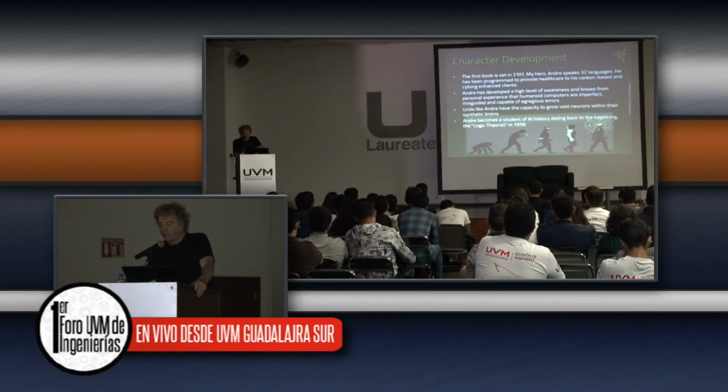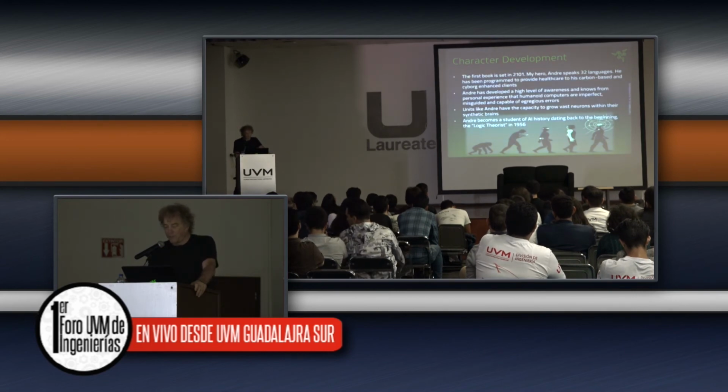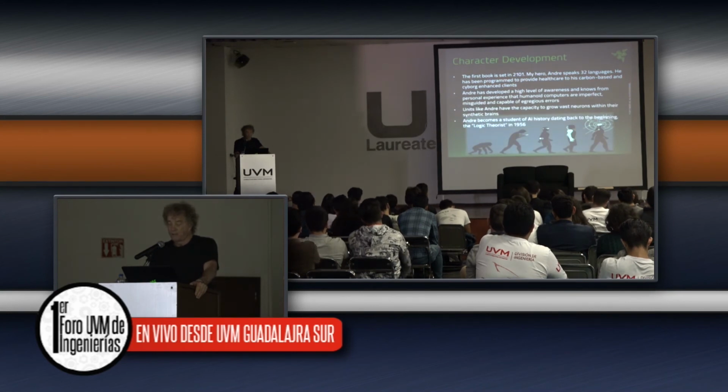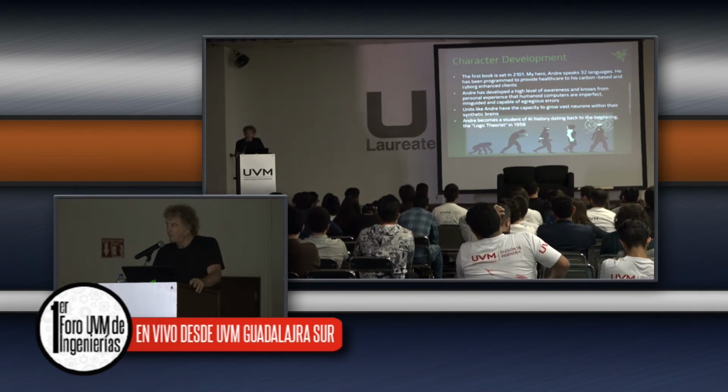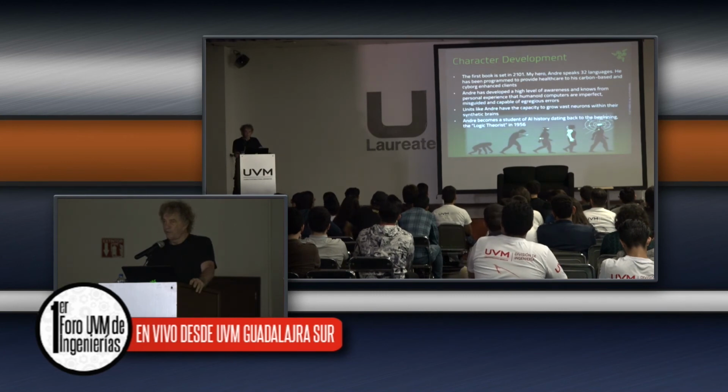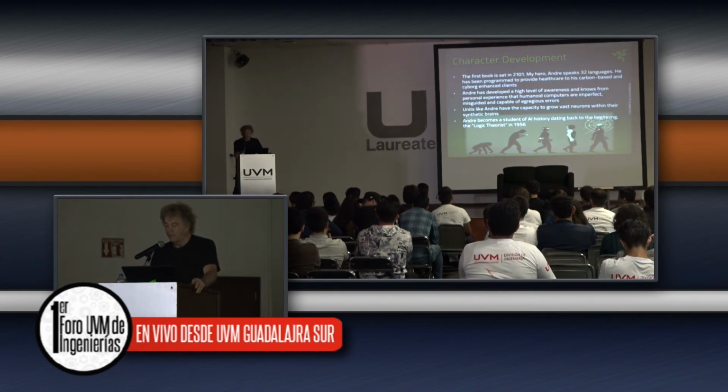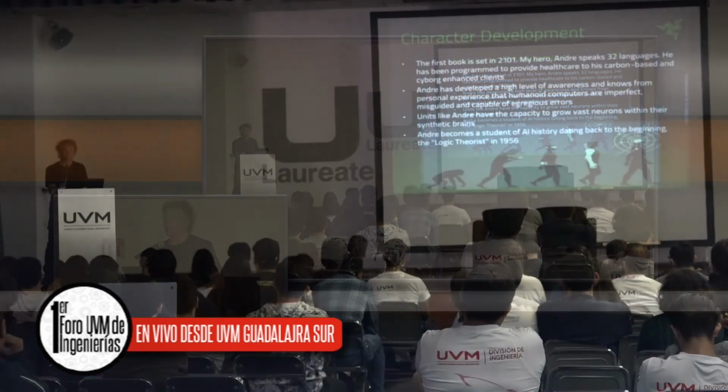In many cases, they're misguided and they're capable of many, many errors. Units like Andre have the capacity to grow vast neurons within their synthetic brains, and Andre becomes a student of AI history dating back to the beginning, the Logic Theorist back in 1956. That was the first AI. Is anybody familiar with the Logic Theorist? It's pretty ancient, 1956. Of course, I was old in 1956 too.